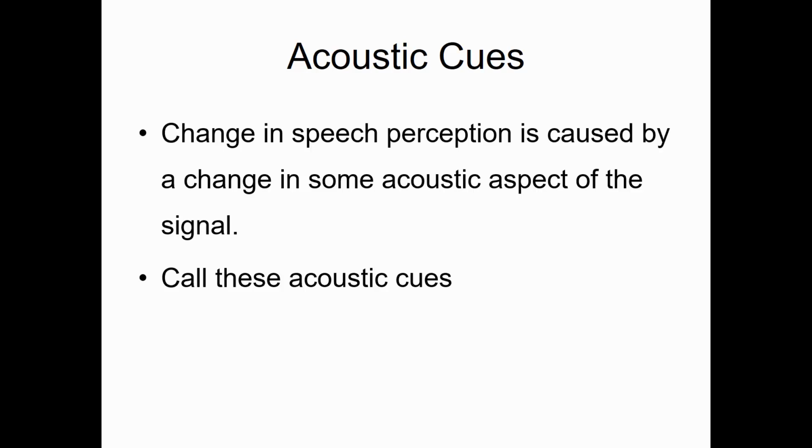Now, this term here is why I'm bothering to present this rather archaic way of thinking about speech perception, because acoustic cues are hugely influential in things like hearing impairment research. In the early days of speech perception research, people basically cataloged the acoustic cues for sounds.